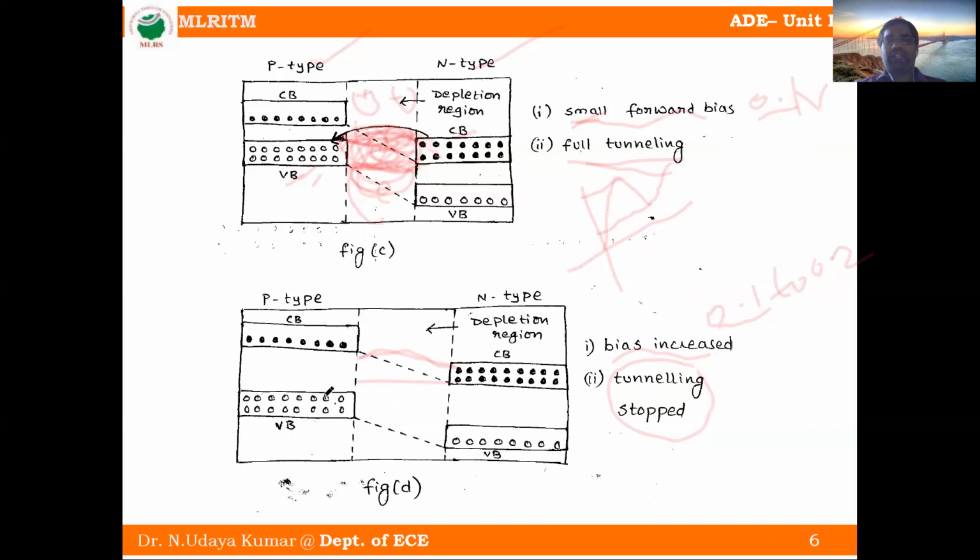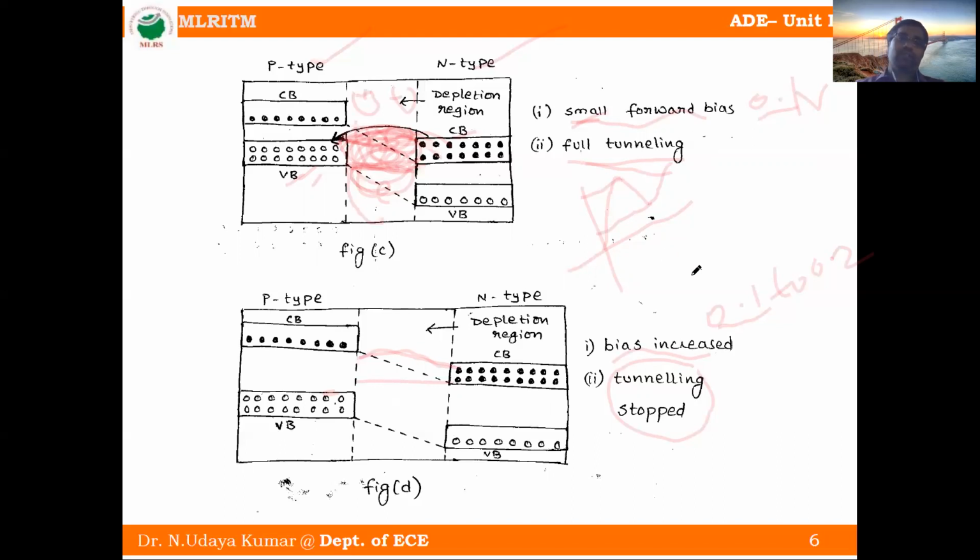Now the valence band in p-type and conduction band in n-type are at different levels. There is no tunneling. Only if the levels are the same will electron movement occur. If levels are different, there is no electron movement, so tunneling stops, and current decreases up to point B. Then as we increase the voltage further, current increases again due to injection of electrons. This is the operation of the tunnel diode.